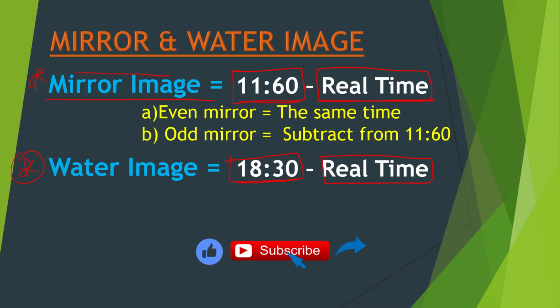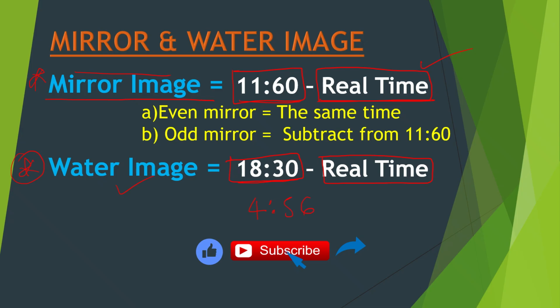11:60 minus real time is okay in case of mirror image. What happens in case of water image is that sometimes in the question they will ask what is the water image of the clock at, suppose say, 4:56. Understanding?